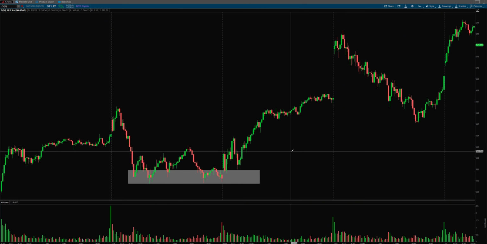So an example is, say there is 10,000 orders in this zone that are waiting to buy. Price comes down, say 2,000 of them are filled, price goes higher, we come back, another 2,000 are filled, price goes higher, so on and so forth.